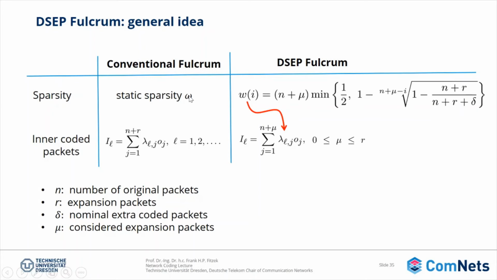It means that we assign the static sparsity before we generate the inner coding coefficients by using this equation. And in DSEP Fulcrum, we derive the function omega i to adjust the sparsity level based on a set of parameters such as n, r, omega, v.